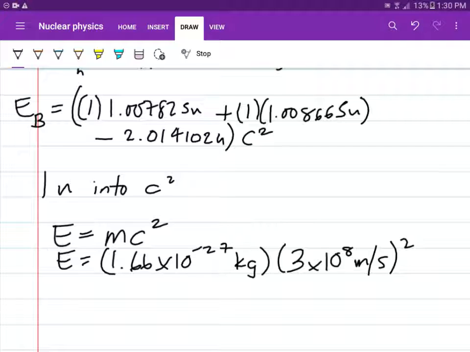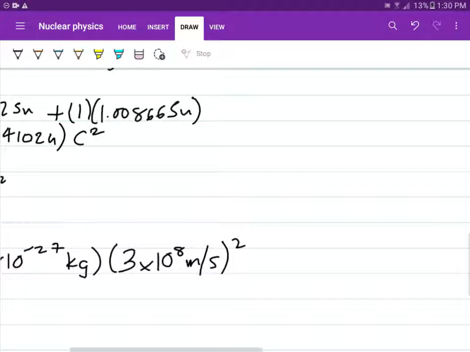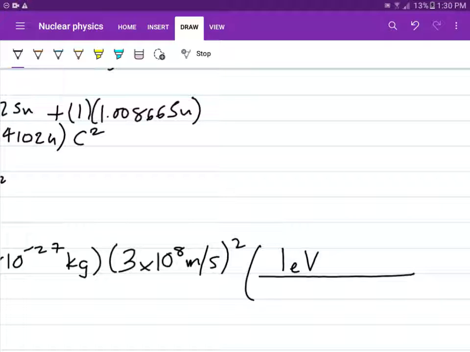And then we convert joules into eV. So we will be multiplying this whole term by 1 eV over 1.602 times 10 to the minus 19 joules.